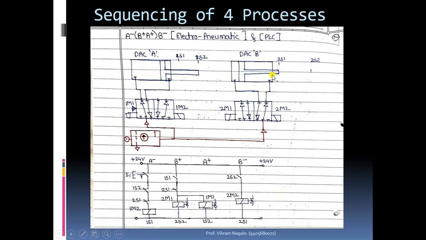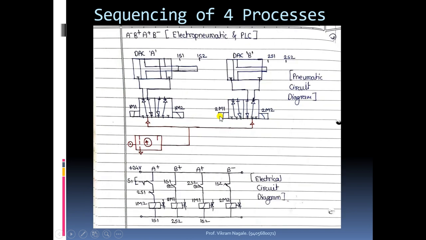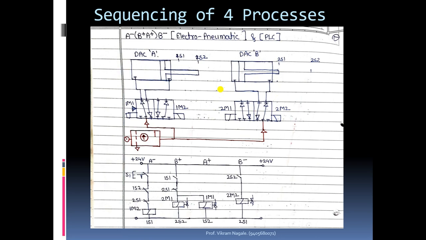Whenever extension starts, the coil utilized to extend this cylinder will get de-energized, and for the next process, whenever required, we can energize the other coil as per the requirement.